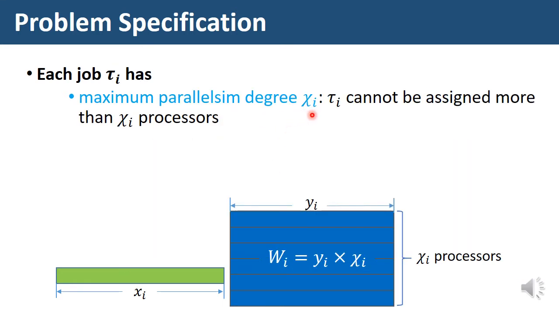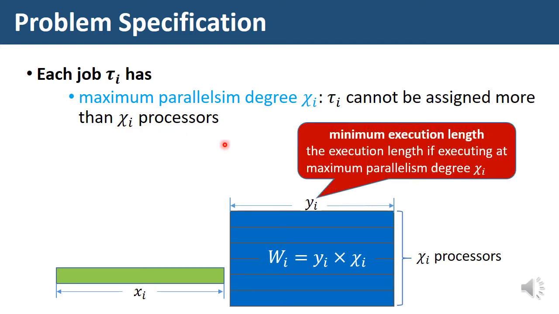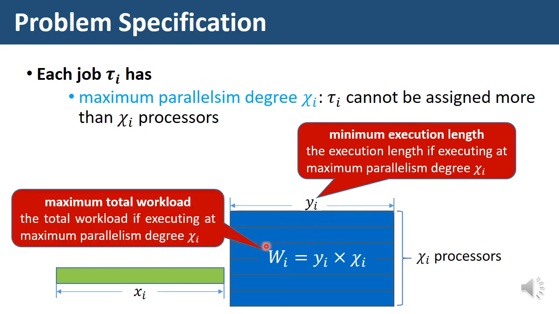We use c_i to denote the maximum parallelism degree of tau i. That means tau i cannot be assigned more than c_i processors. And for convenience, we use y_i to denote the execution length if tau i executes at the maximum parallelism degree c_i. Moreover, we use w_i to denote the total workload if tau i is assigned exactly c_i processors.